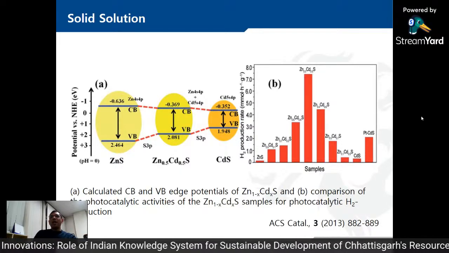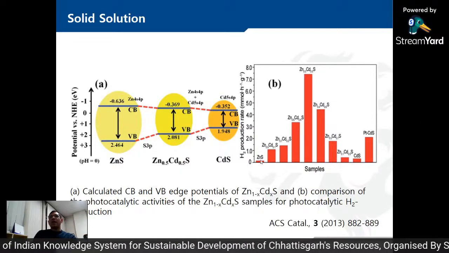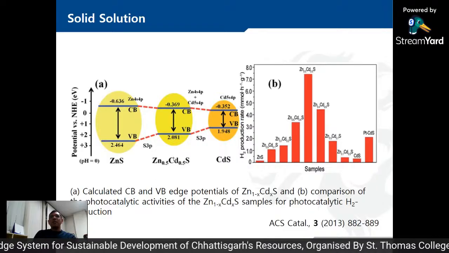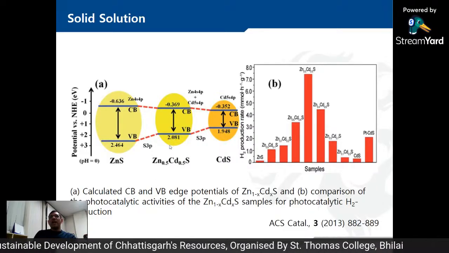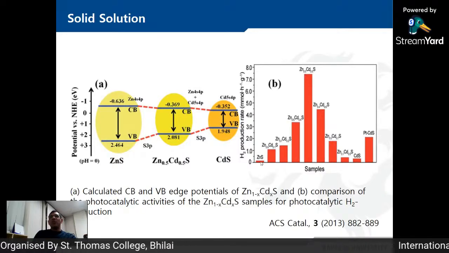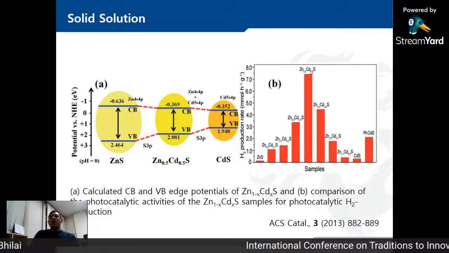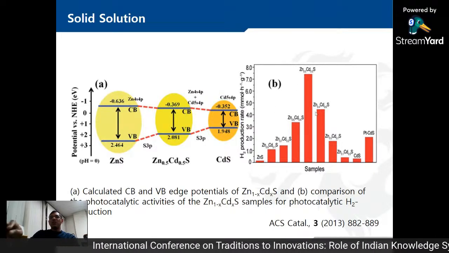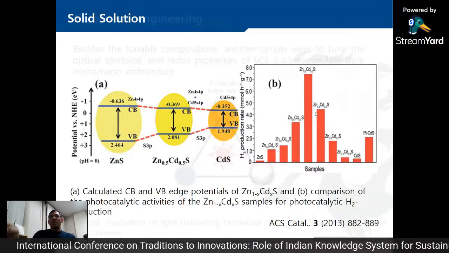But if you combine zinc sulfide and cadmium sulfide together and make a semiconductor solid state reaction, it can boost the hydrogen evolution from almost 1 or 2 millimole to almost 7.5 millimole. So this is one of the strategies we usually use.